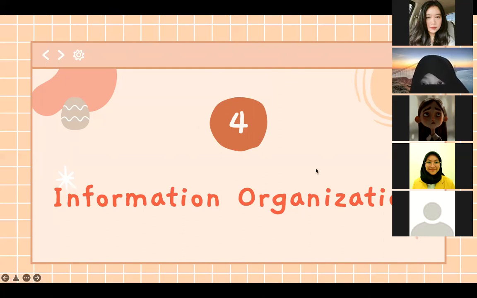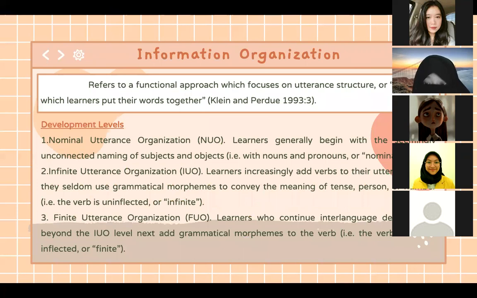And then the next is information organization. Information organization refers to a functional approach which focuses on utterance structure or the way in which learners put their words together, according to Klein and Perdue, 1993, page 3.